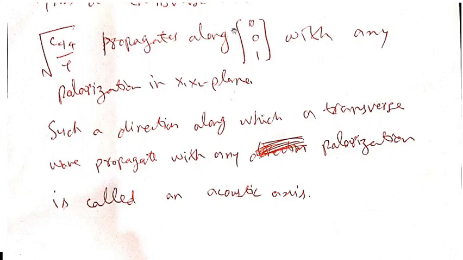Here that direction is the x3 axis. We can see that along this direction our transverse wave is propagating with any polarization in this plane. So with the help of this definition, our acoustic axis is the x3 axis.